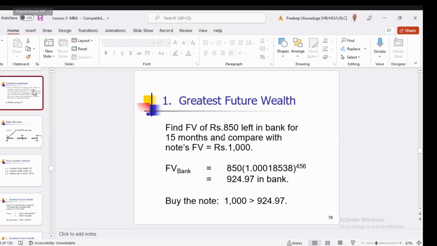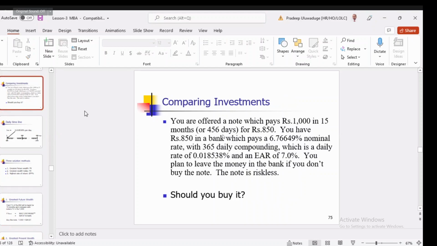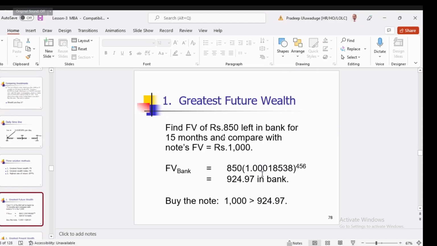The bank pays a 6.76649% nominal rate with 365 daily compounding, which is a daily rate of 0.018538%, and then EAR of 7%, right? So we have 850 times 1.0001858 to the power 456, which equals 924.97 as the future value.